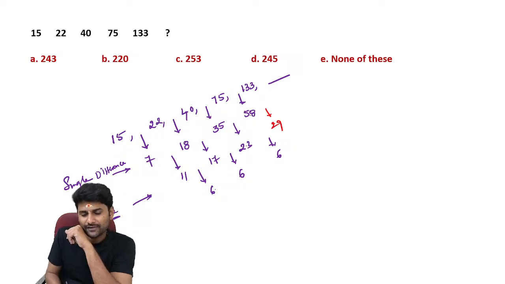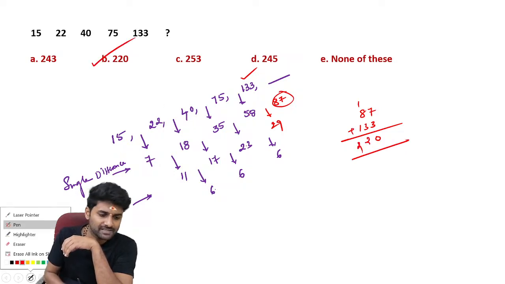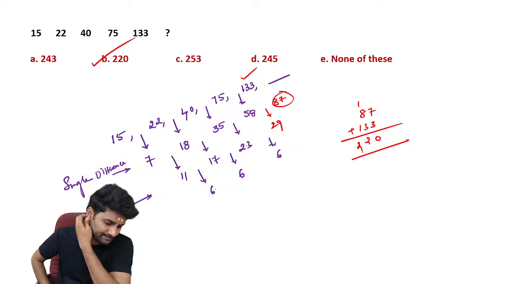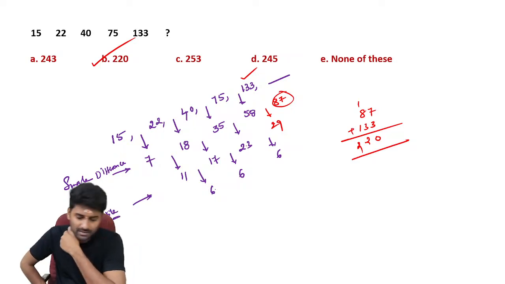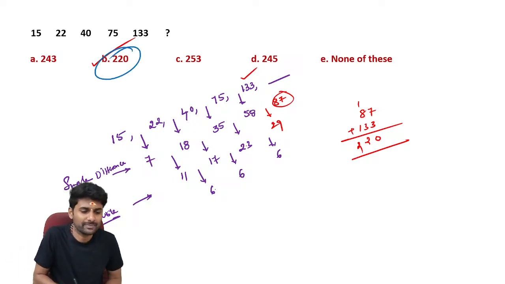Now see, 58 plus 29 is 87 units. And these 87 units we should add to 133. The resultant become 220. Is it clear? So third difference is common. Third difference is common. So according to that sequence, you should replace with 220 in the question.